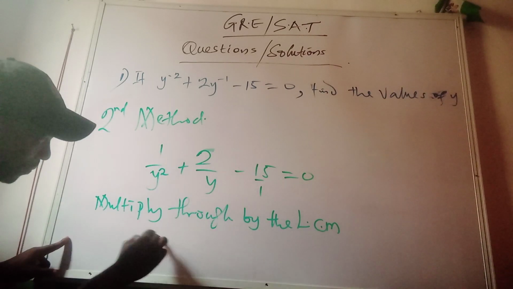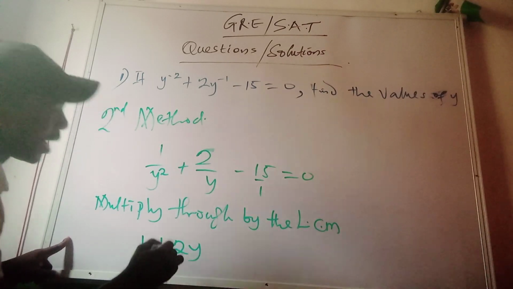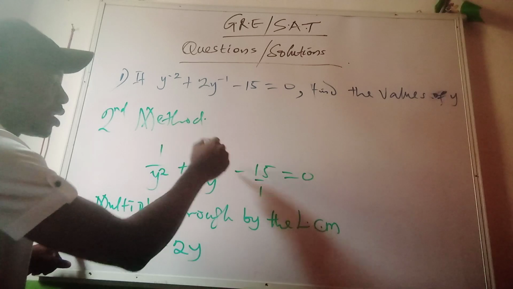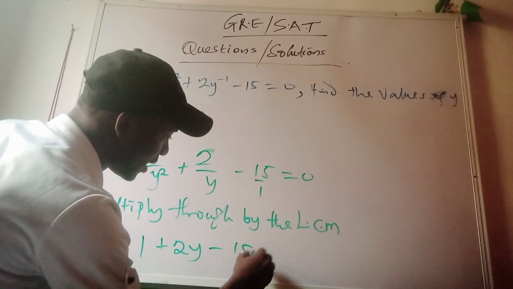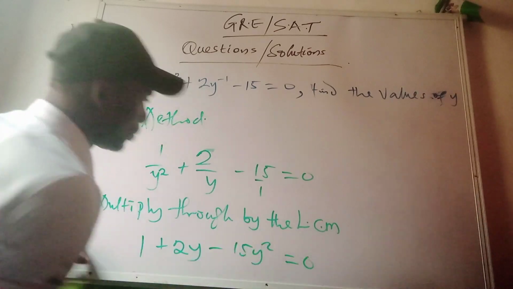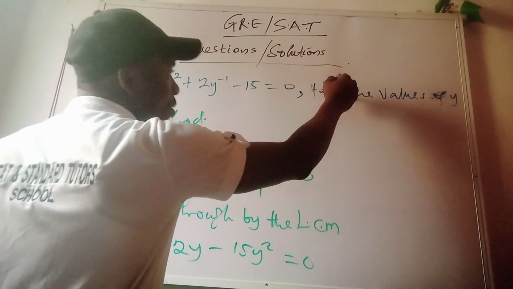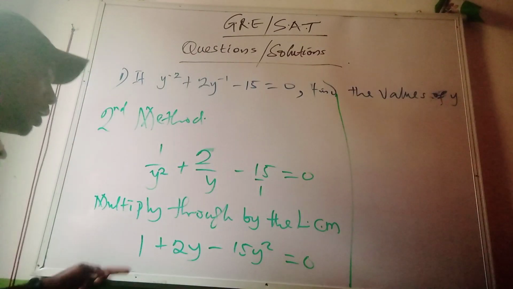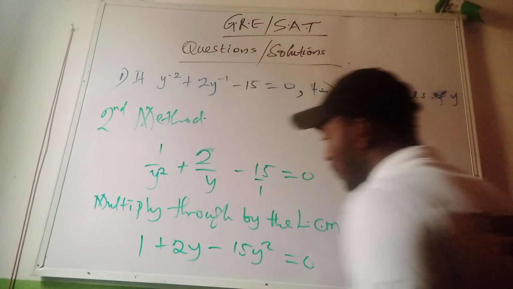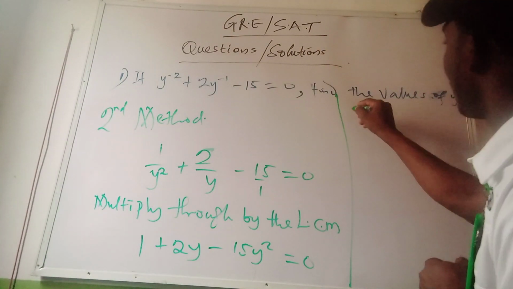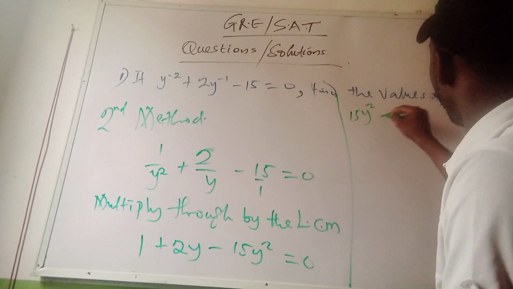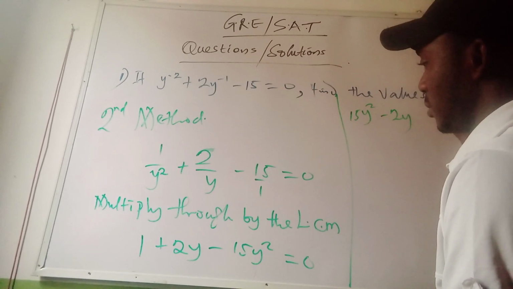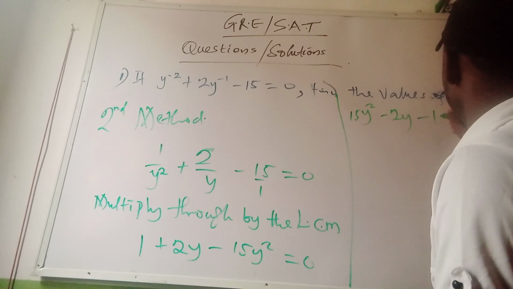There I will be having 1 plus 2y. If I multiply this by y square, y square, y cancel y, remains only 1y, minus 15y square is equal to 0. So from here, multiply through by minus 1. Now we are going to be having 15y square minus 2y minus 1 is equal to 0.